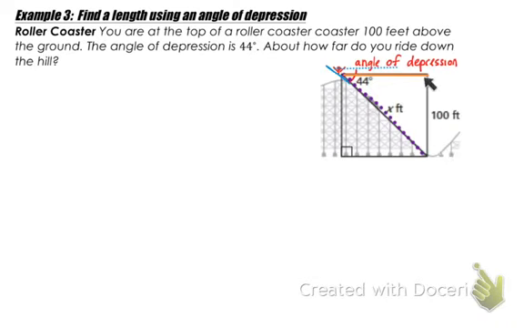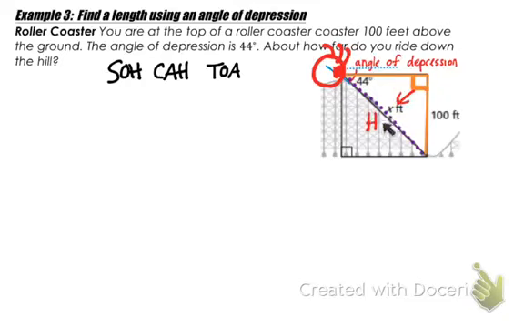Okay? So if you look at it, we actually have a right triangle being formed using this roller coaster example. Okay? So we put our eyeball at our reference angle at 44. Okay? We write down SOHCAHTOA just as a reference to see which trig function we have to use. And we know that the hypotenuse is across from the right angle. That's what we're going to have to find.